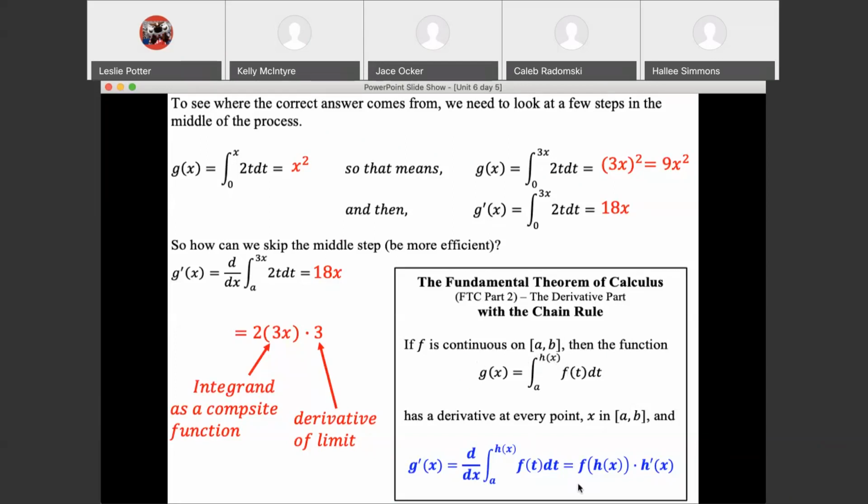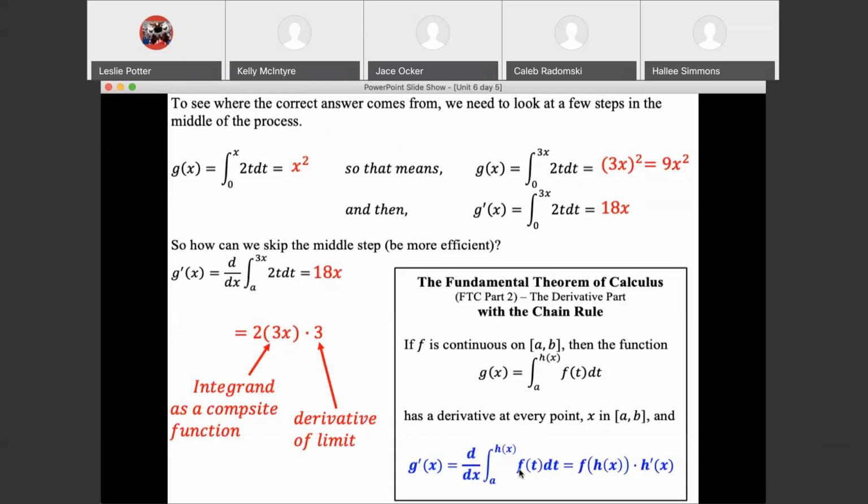So if we are going to use the fundamental theorem of calculus, we're going to accumulate, we're going to differentiate, we're going to use the integrand at the upper bound times the derivative of the upper bound. So there is your chain rule. Because remember, function f, look at where it is. It's right here.